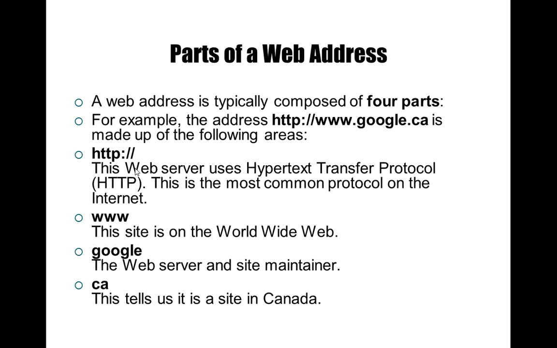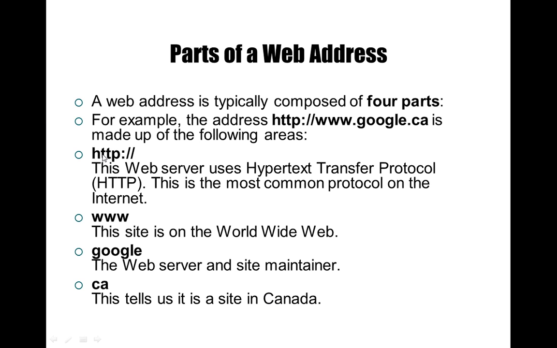Next is www. As I told you, the full form of www is World Wide Web, that is nothing but the internet. Then Google, the web server and the site maintainer, is a name for the web server. And then CA identifies the site in Canada, so it tells us the site is available in Canada.